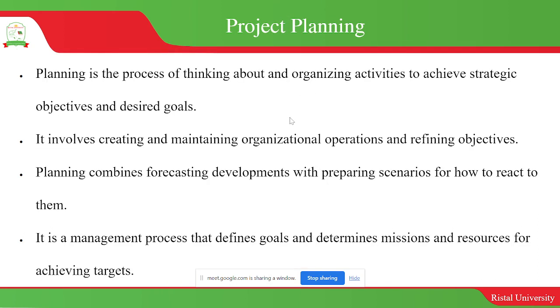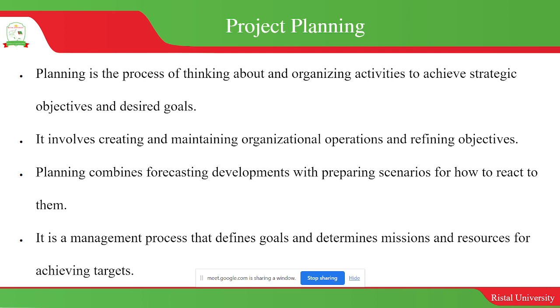Project planning is basically looking at the intervention in a holistic way, and then you start to organize the activities that will be undertaken to achieve the project strategic objectives and the desired goals. So that means that you're looking at how the activities will be implemented.